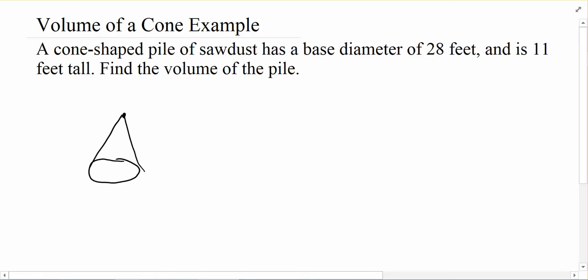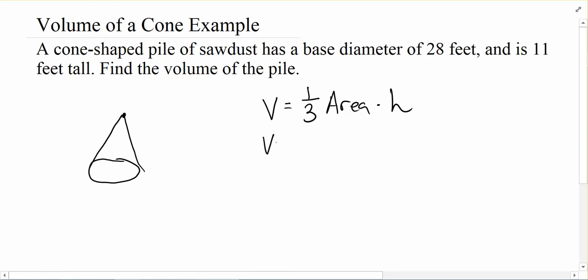A cone comes to a point. Anytime we have one of these 3D shapes that come to a point, we're going to take the volume formula that we had before of taking the area of the base times the height, but we'll multiply by 1/3. Because we can fit 3 of those into the shape of a cylinder in this case.